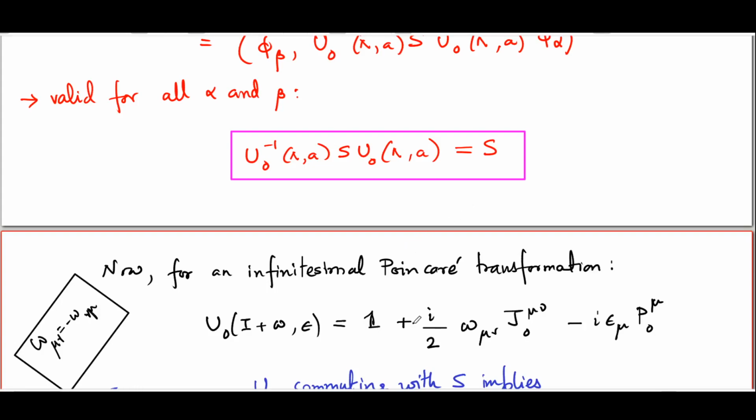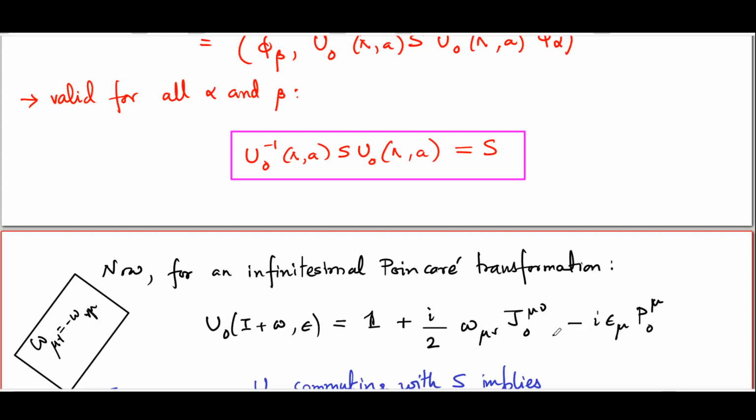And we have already learned that you can write down the group elements for infinitesimal departures from the identity in the form shown here. It's the identity operator plus first order terms which depend on the quantities omega mu nu and epsilon mu, and the corresponding operators sitting here are nothing but our familiar Lorentz group generators and translation generators.